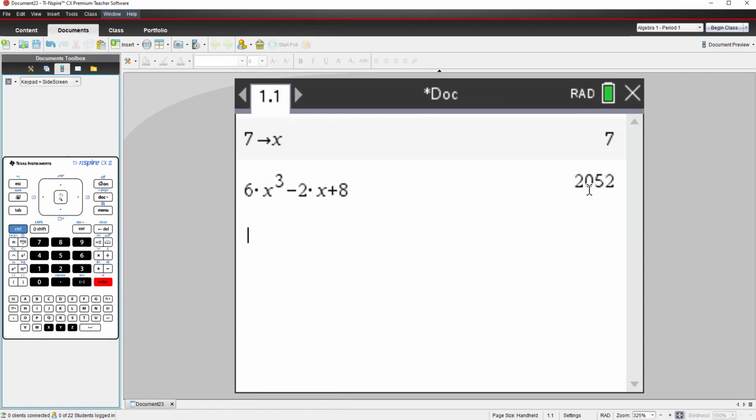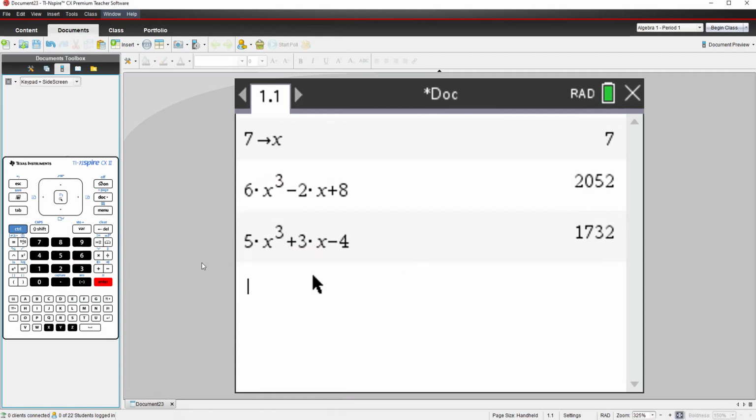And I get 2052. Now, I'm going to do the same thing for the next number. It's going to be 5x to the third power plus 3x minus 4. And then I press enter. All right, so I get 1,732.